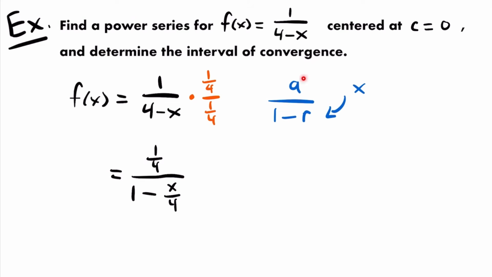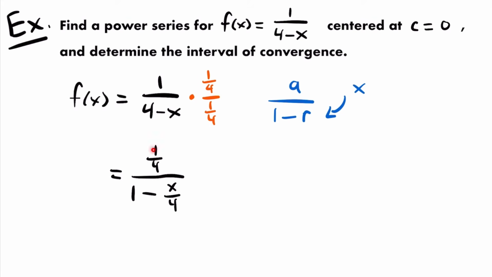We need to have some constant divided by 1 minus the common ratio, which needed to involve x, not x plus 1 or x minus 1, just x. And of course, that can be multiplied by any constant multiple. In this case, we have 1/4. That doesn't matter. We just needed to have x without any added or subtracted constants.